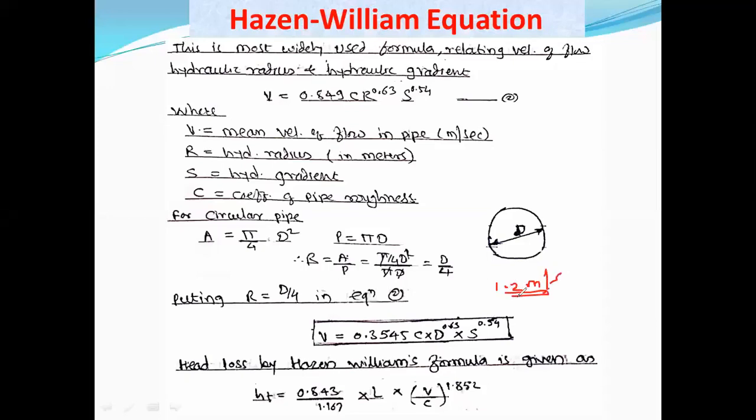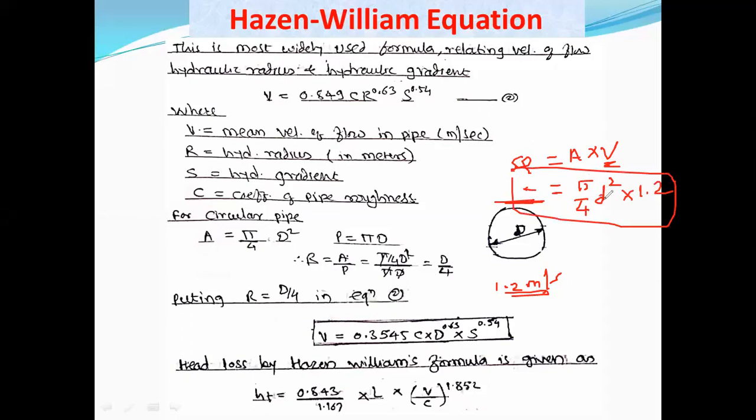This velocity is kept. Now we know that discharge is equal to area into velocity, right? What is the area of the pipe here? It is nothing but pi by 4 d square. Multiply by the velocity, which we have assumed as 1.2, and put in the discharge we have calculated, and in this equation there is only one unknown.